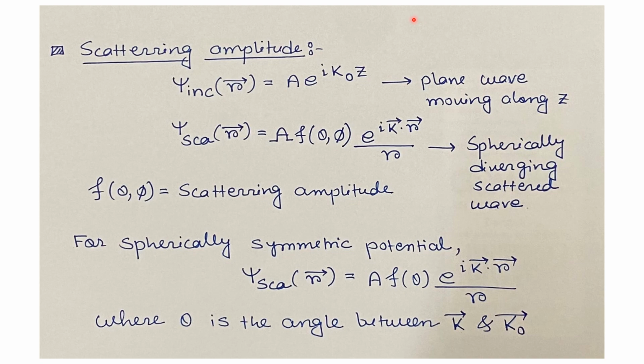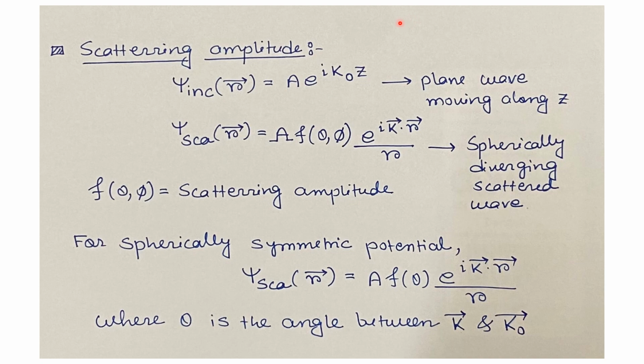Now we'll be discussing briefly the scattering amplitude. So basically, what will be the amplitude of the scattered wave when an incident particle beam or particle wave is getting scattered out due to the target potential or target material?